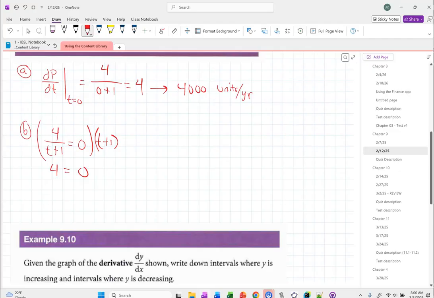How do I solve 4 equals 0? I can't, right? What's the solution to 4 equals 0? No solution. So what's that telling me?